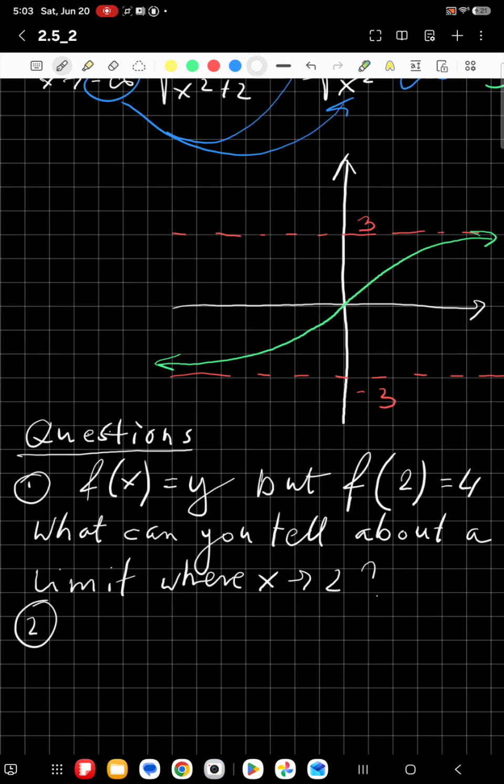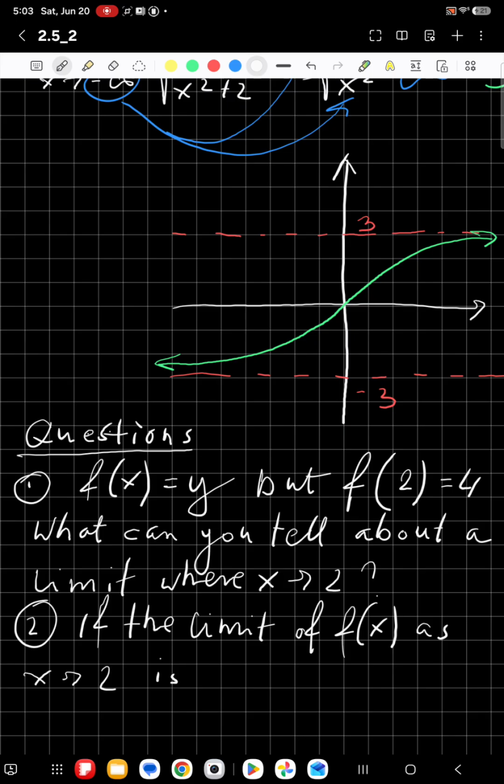How about if we reverse this question? So if the limit of the same function, we don't know what that function is, as x approaches 2 is 4.